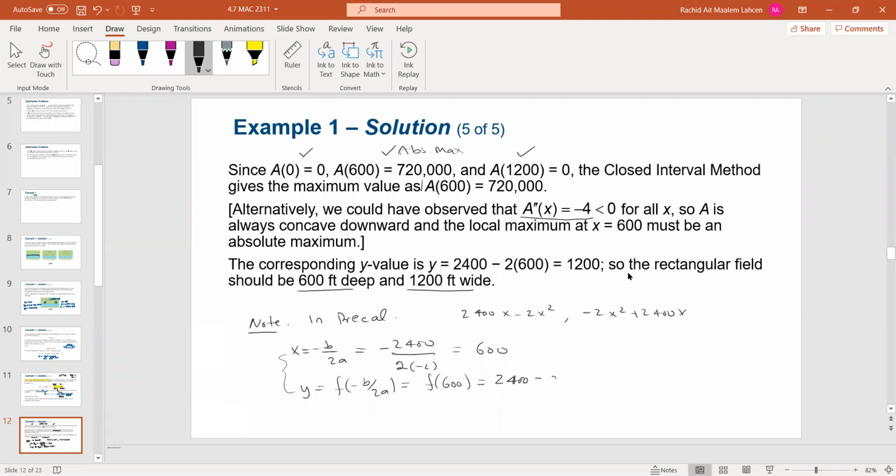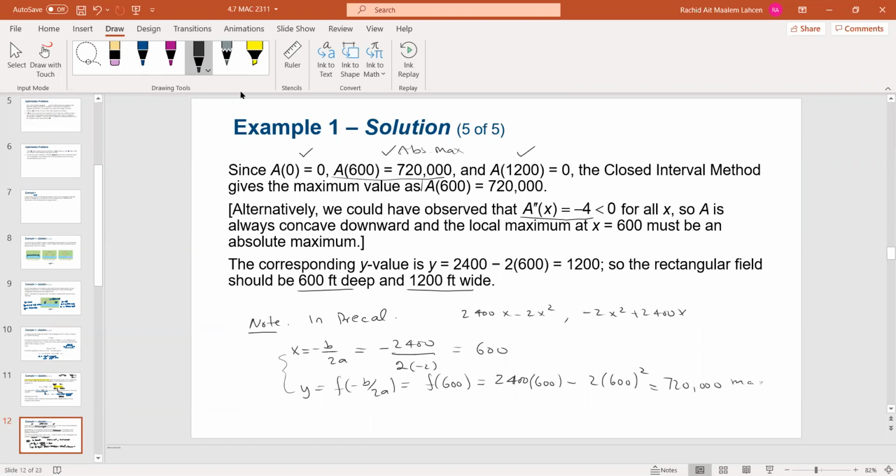2400 minus, and we need it here because that's the area. So we need this 600 here minus 2 times 600 squared, which was done here as 720,000.